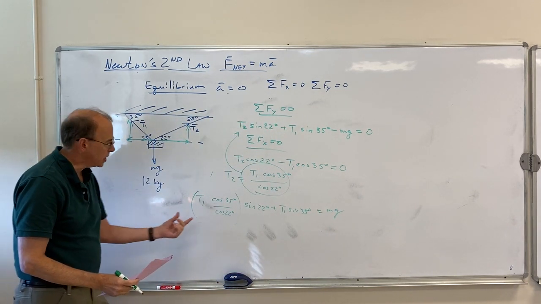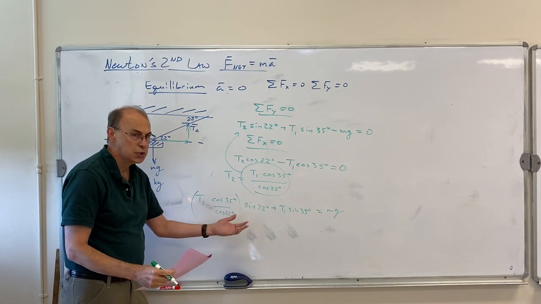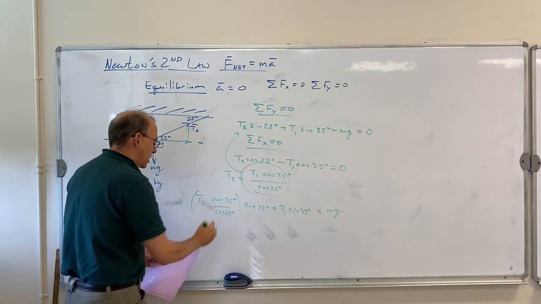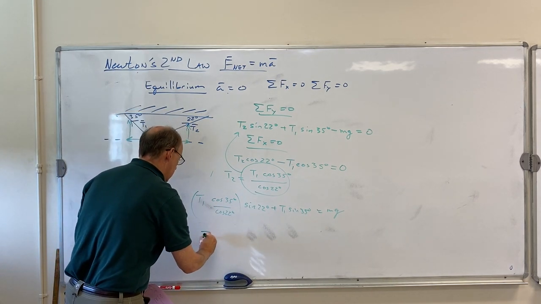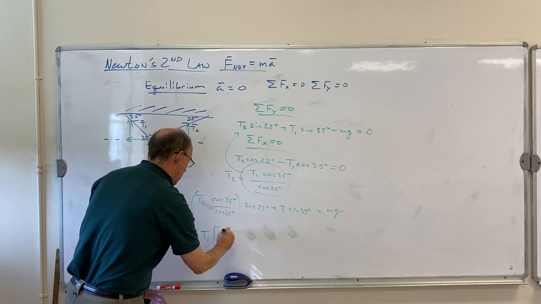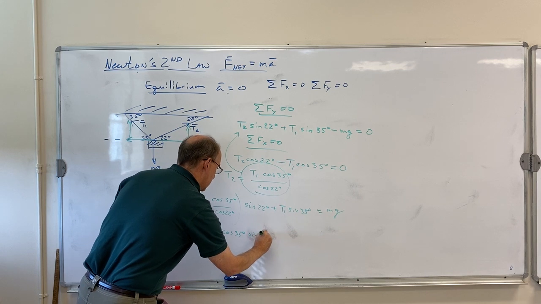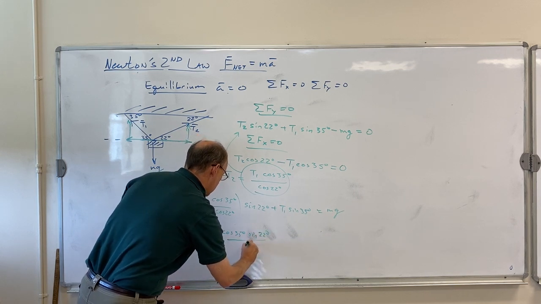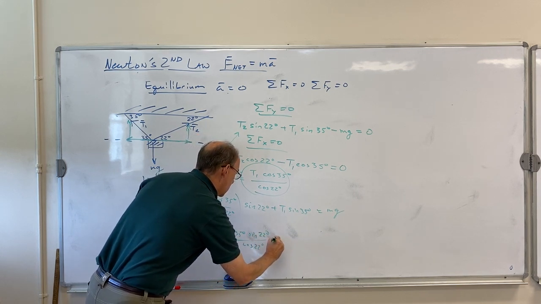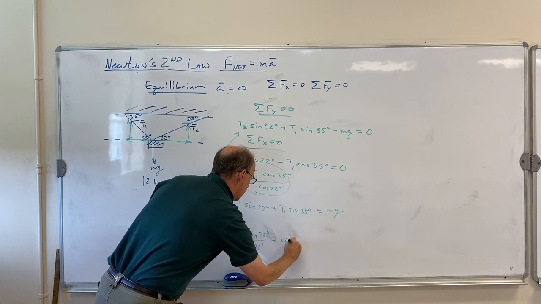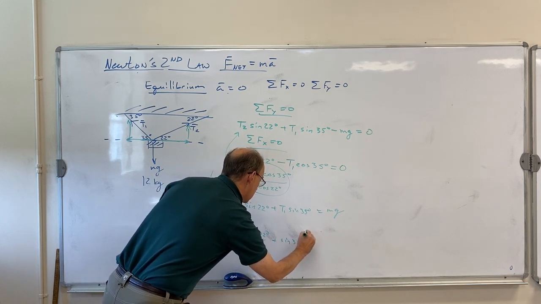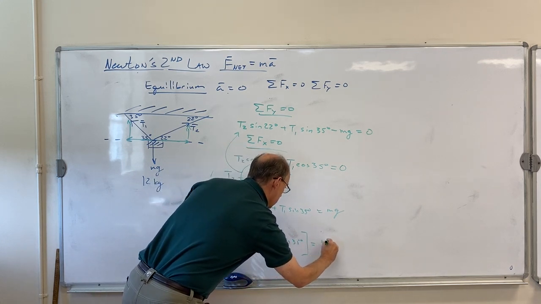That looks worse than it is. Remember, these cosines and sines are just numbers. I can factor out a T1 and get T1 times cosine 35 sine 22 over cosine 22 plus sine 35 equals mg.